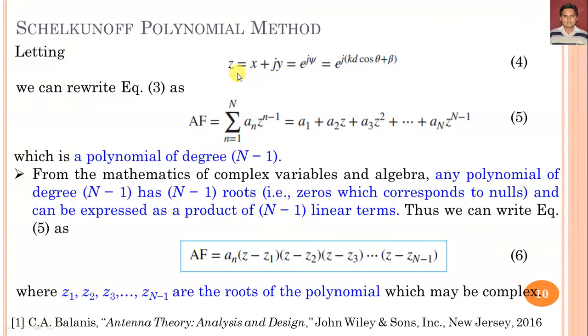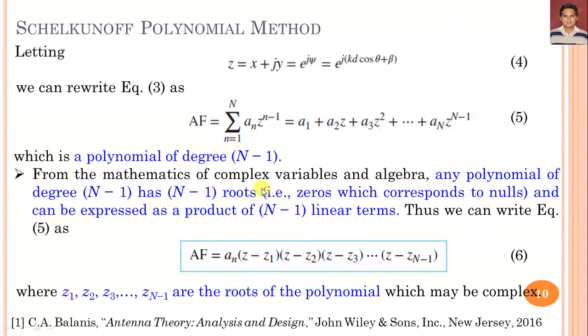Equation 3 we can rewrite by considering this assumption z, and we can calculate the array factor for N elements with excitation coefficient a_n and z to the power n minus 1, which can be expressed as a1 plus a2 z plus a3 z squared and so on up to a_N z to the power N minus 1, and this expression is a polynomial of degree N minus 1.